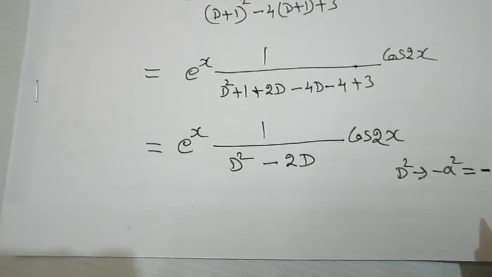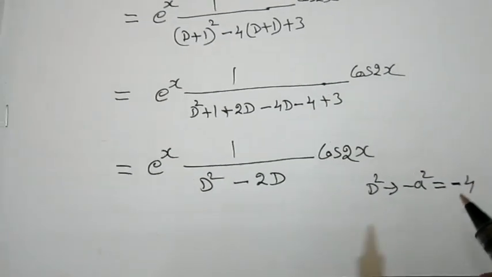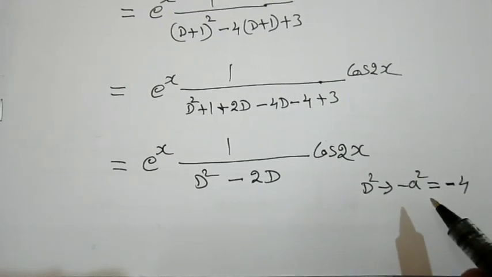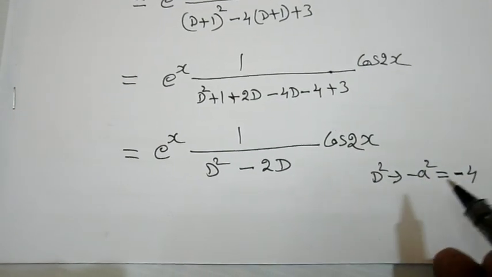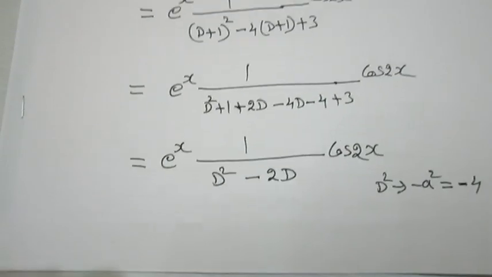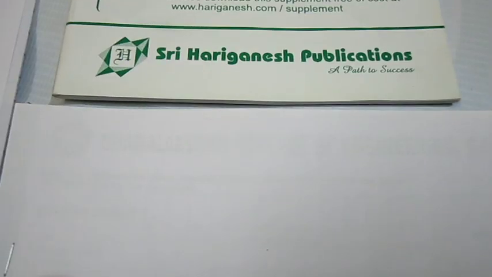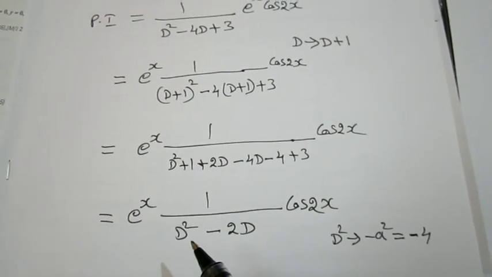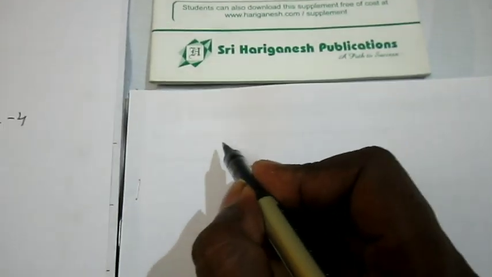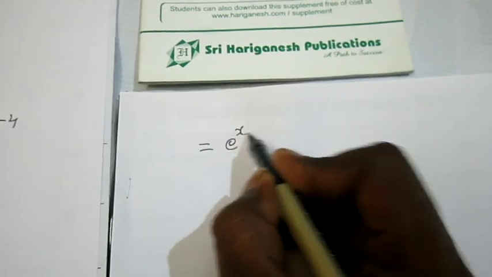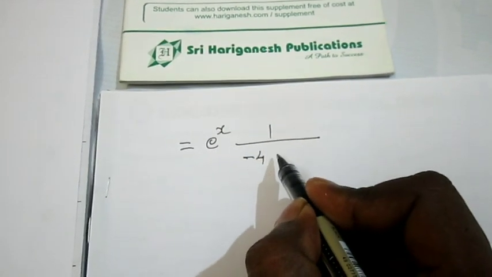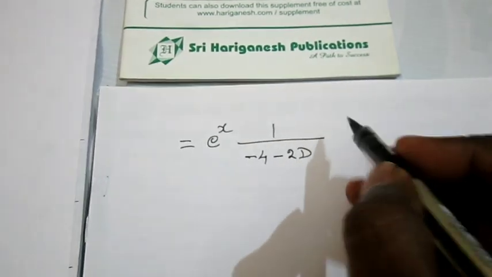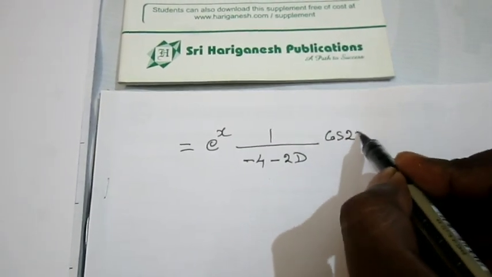In this type we replace only D square, so D square is minus 4. So here e power x, 1 by (minus 4 minus 2D) into cos 2x.